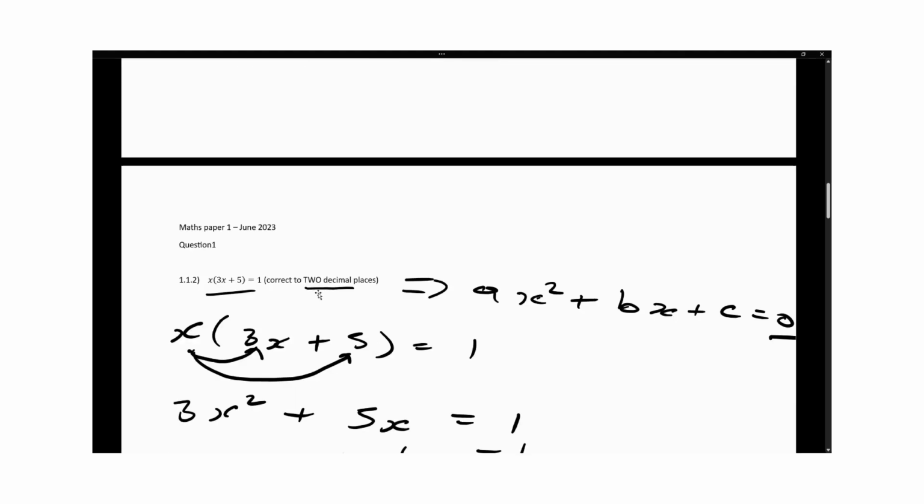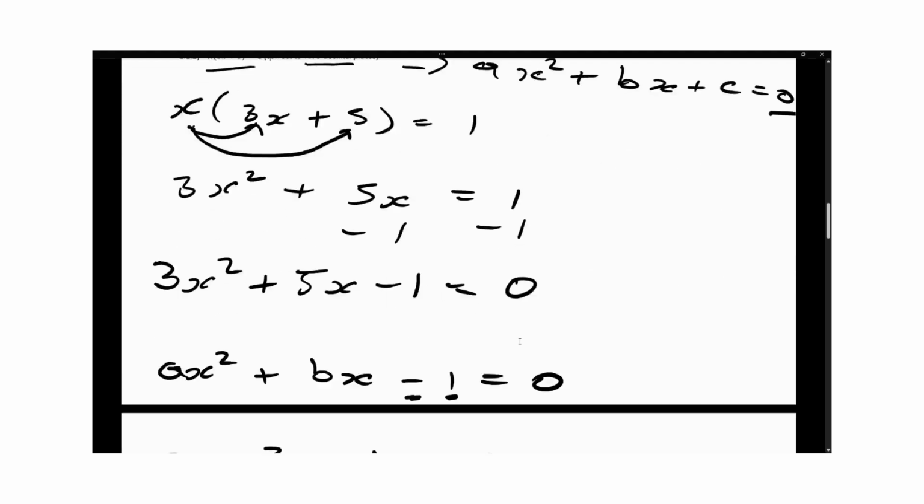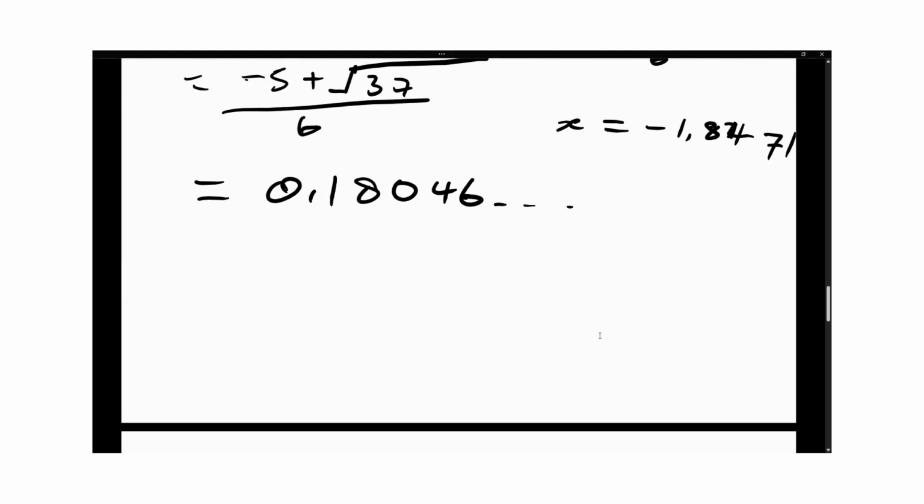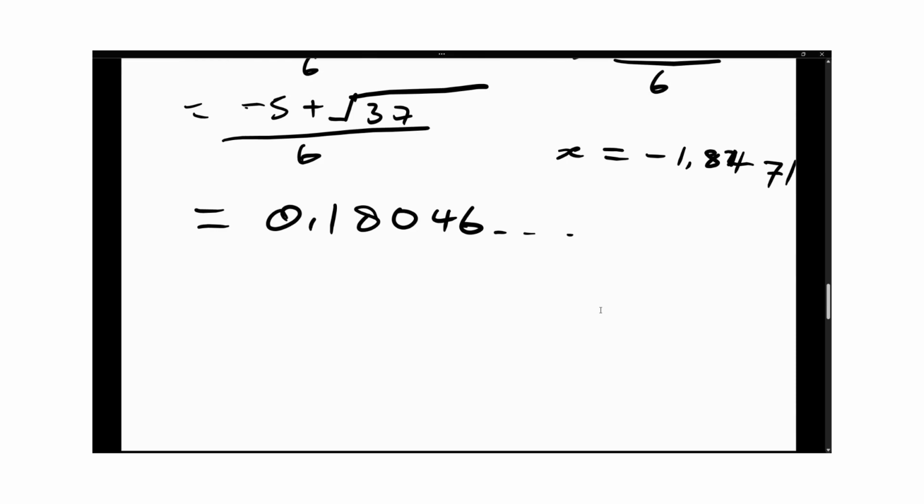But then remember they said you leave it to 2 decimal places, which means that we look at the decimal places. This one is the first one, this one is the second one, which means we look at this next number. If it's greater than 5, we round up. If it is less than 5, we round down. So this results in 0.18.